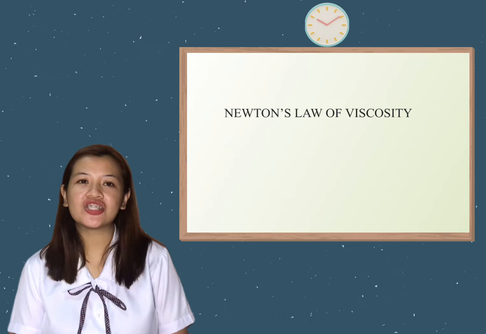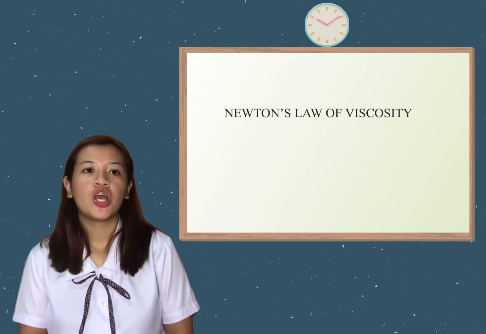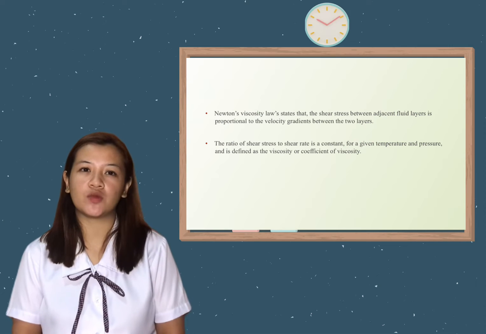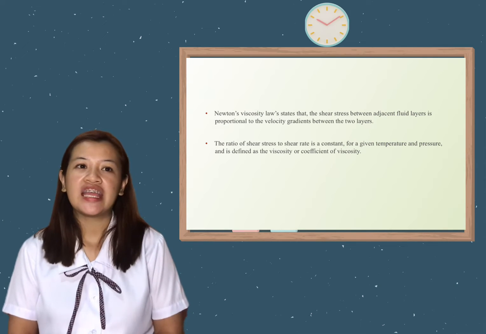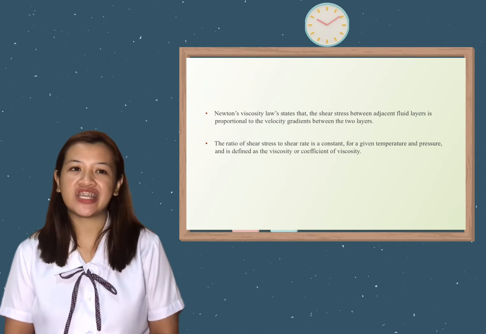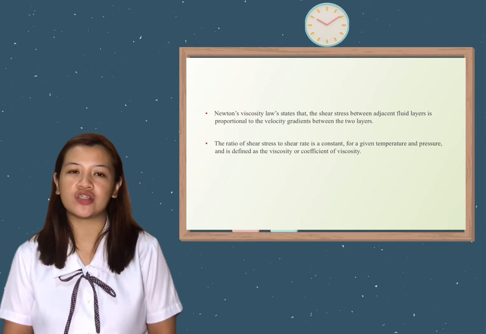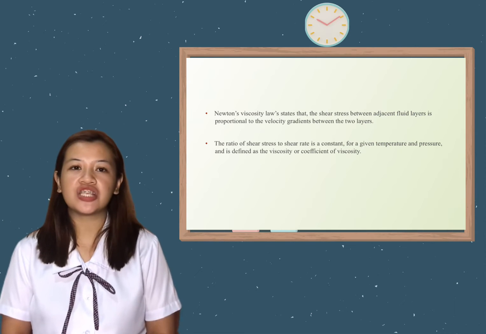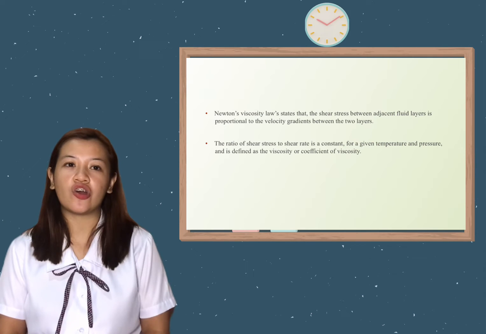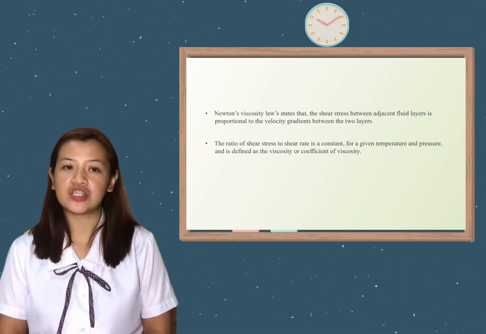Next is Newton's law of viscosity. Newton's law of viscosity states that the shear stress between adjacent fluid layers is proportional to the velocity gradient between the two layers. The ratio of shear stress to shear rate is constant for a given temperature and pressure, and it is defined as the viscosity or coefficient of viscosity.